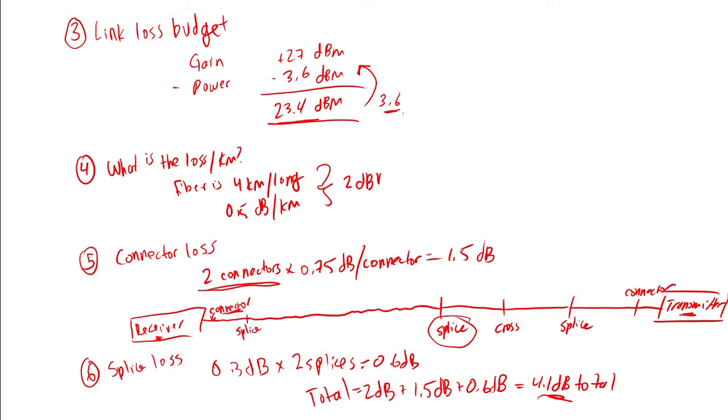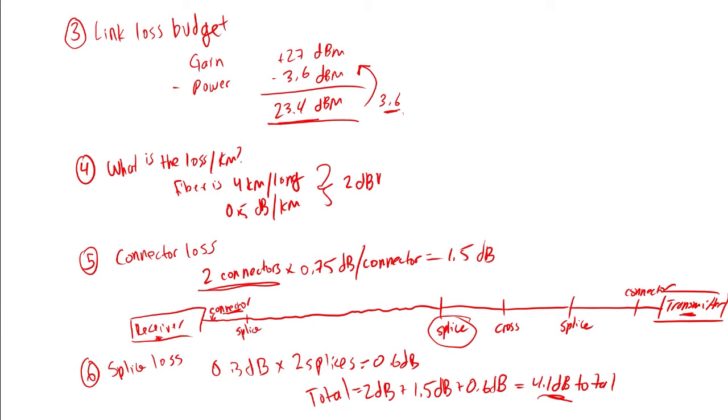Even on a decent single mode, you should be able to get a gain of about 15, even with a budget of a loss of 3 or 4.